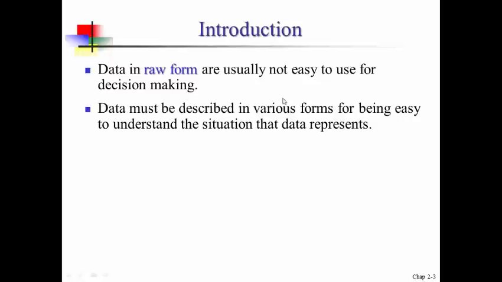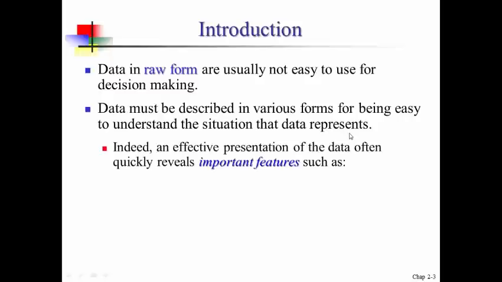Data is a fact or figure about something that we want to study, that we want to understand, the raw form of the situation that we want to study. That's why data must be described in various forms, for being easy to understand the situation that data describe.